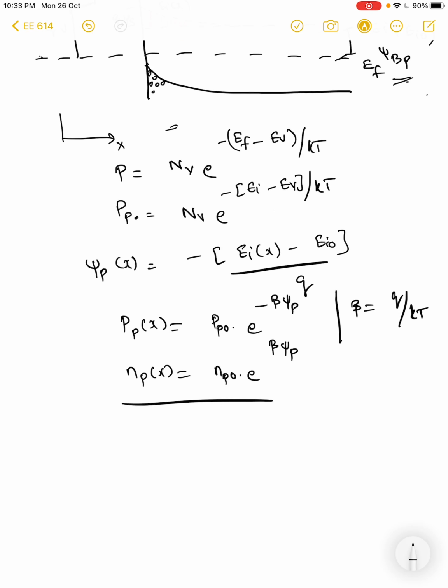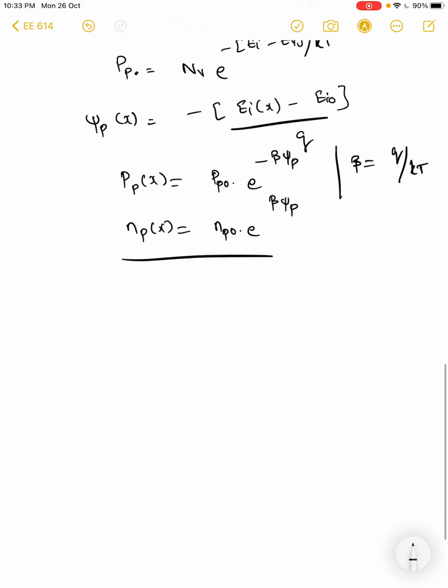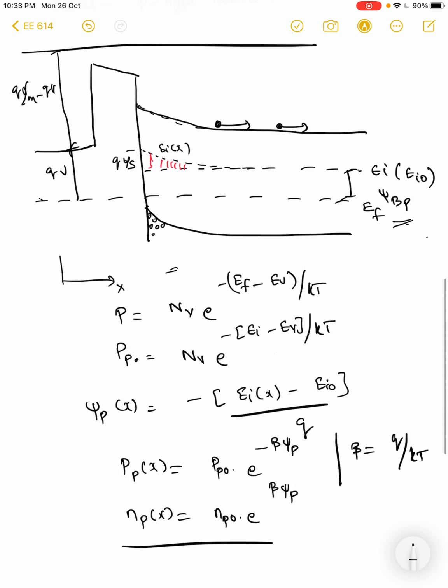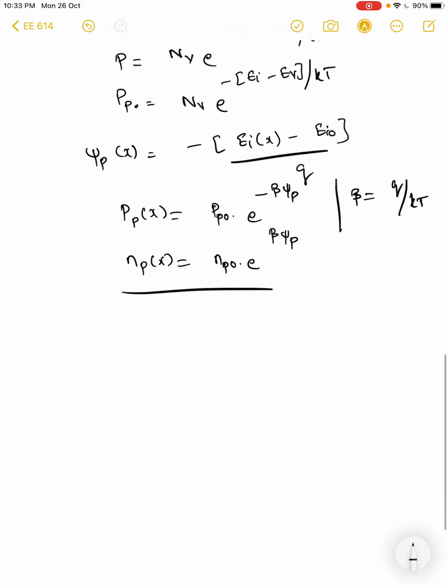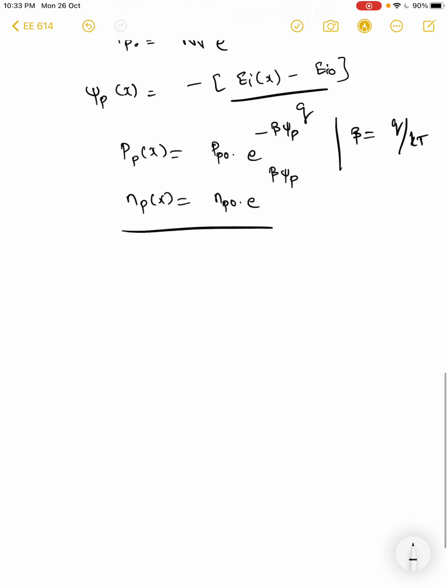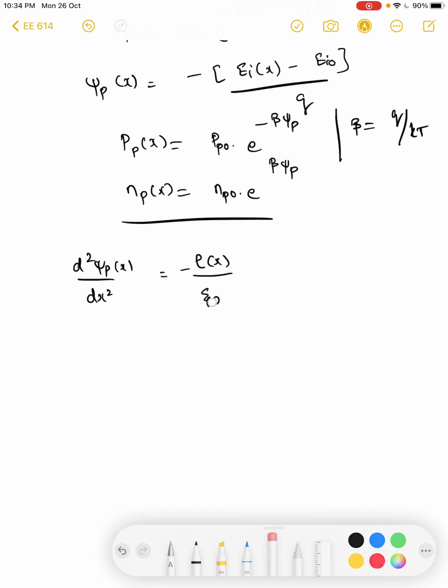So with these expressions, now let us calculate the electric field at the metal insulator semiconductor junction. So how do we calculate the electric field? As we have done in the PN junction, we will solve the Poisson's equation. To solve the Poisson's equation, let's write d square psi p by dx square, a function of x, is basically minus rho of x by epsilon naught epsilon s, right?